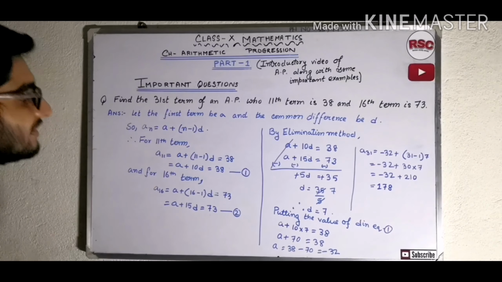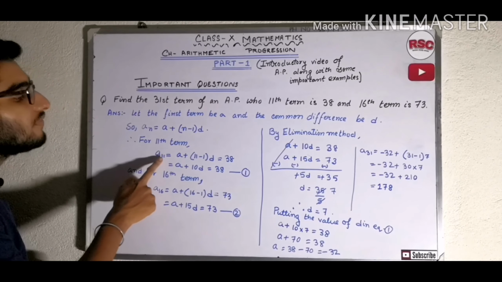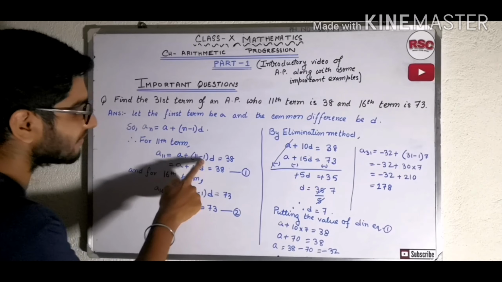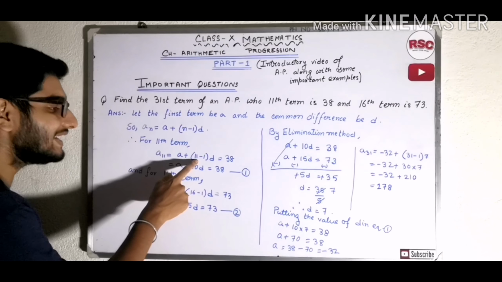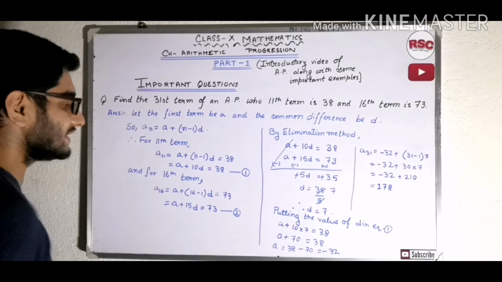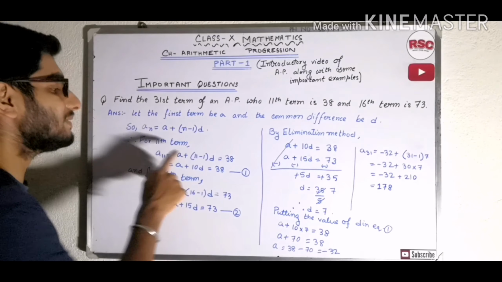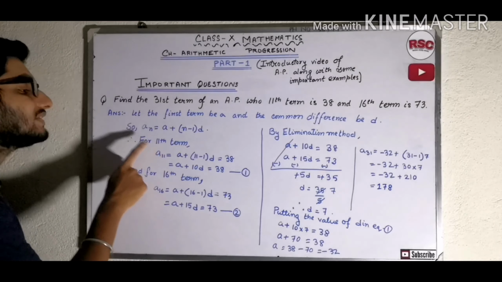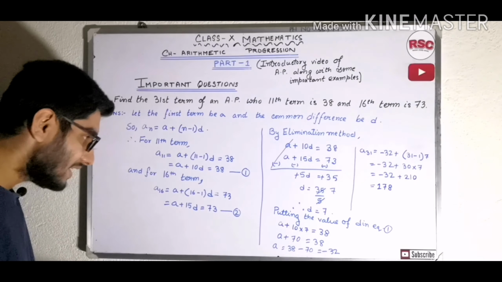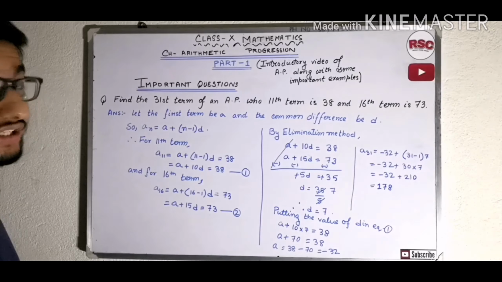So a of 11 will be a plus (11 minus 1) d, which is equal to 38. In place of n we are writing 11, because we are finding the 11th term. So 11 minus 1 is 10. So a plus 10d equals 38, which is our first equation.